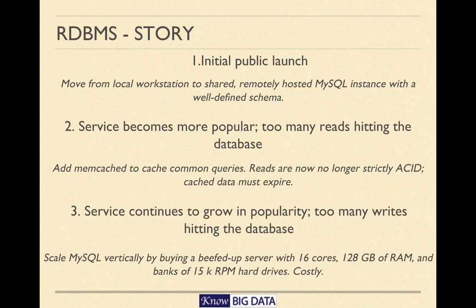Now the moment you add a caching layer, your data is in two places, one in the database, the other in the cache. And when somebody changes this data, it takes some time to update memcached, which means by the time the database gets updated, you are serving older data than what you have in the database.